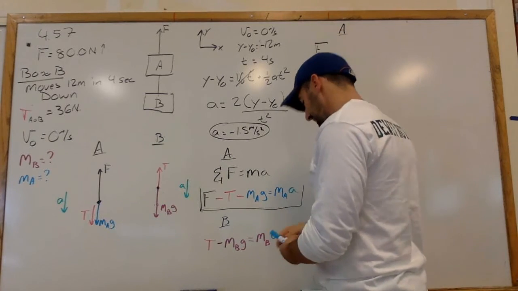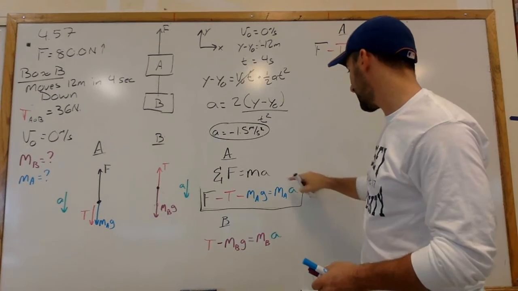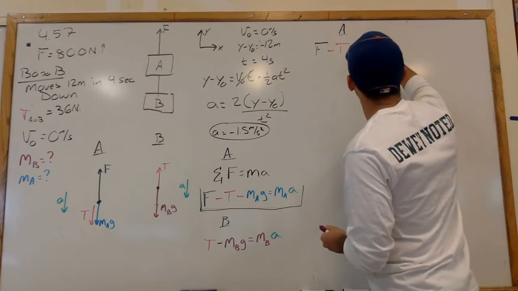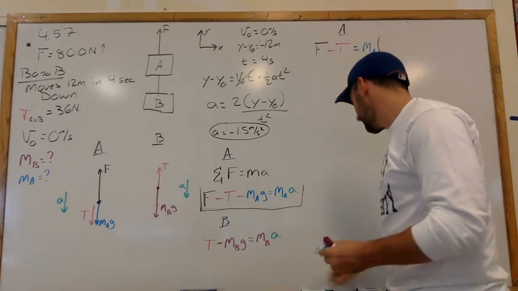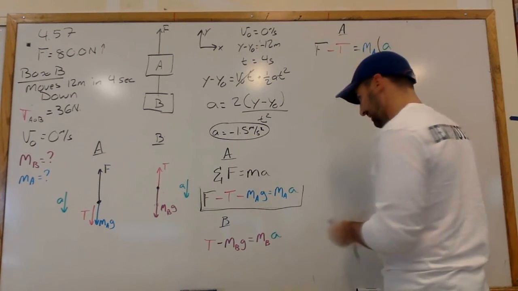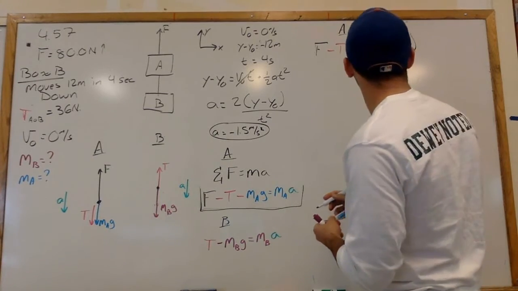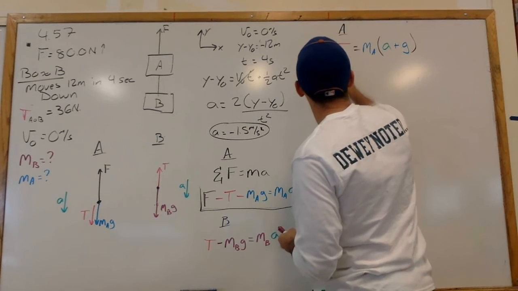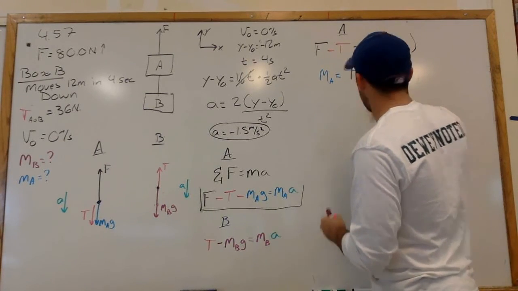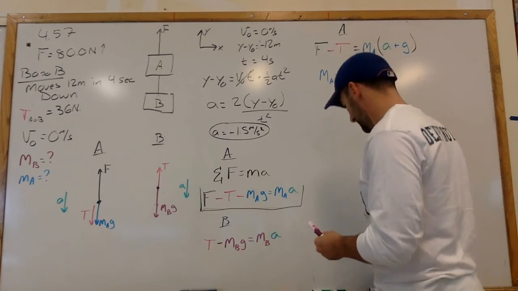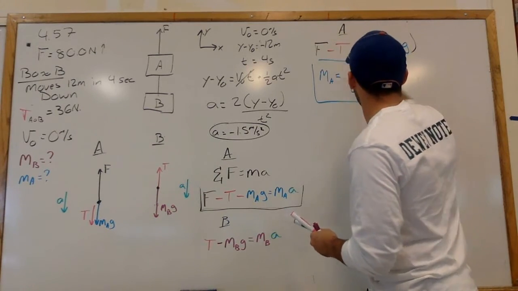So force minus tension is equal to, if I add the MA to the other side and pull it out, MA times the quantity A plus G. That should be my general expression, not done yet because I'm solving for M. MA is equal to my force minus my tension divided by A plus G. That should be my mass of A.